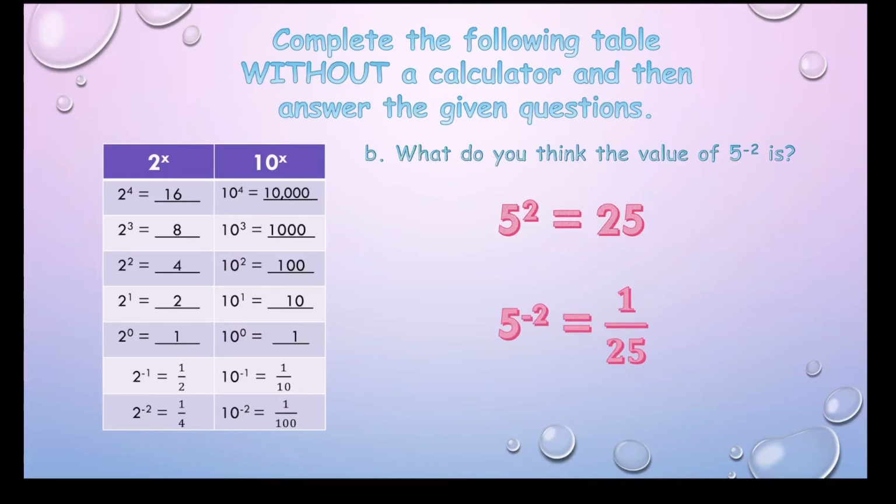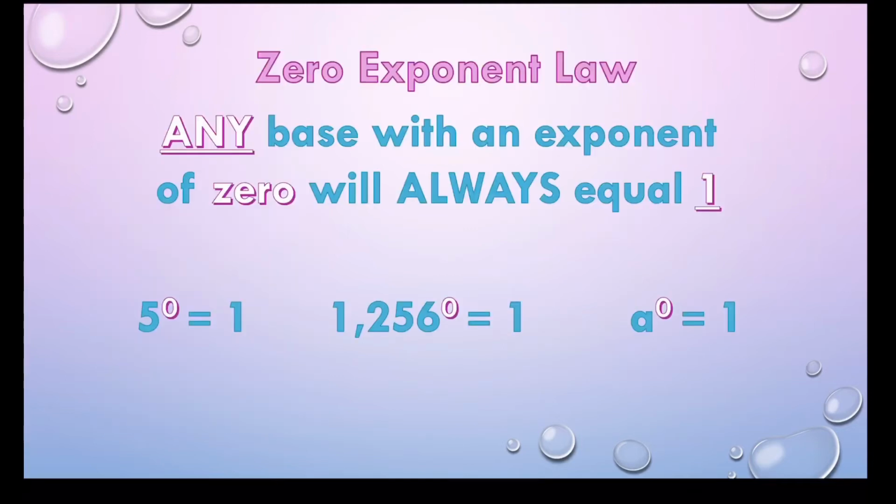And we're going to get on that, and you're going to have a whole explanation. But look very closely. The answers almost look the same, except on my negative exponent, I just wrote the reciprocal. Okay? So here is your zero exponent law. You've probably noticed it already.